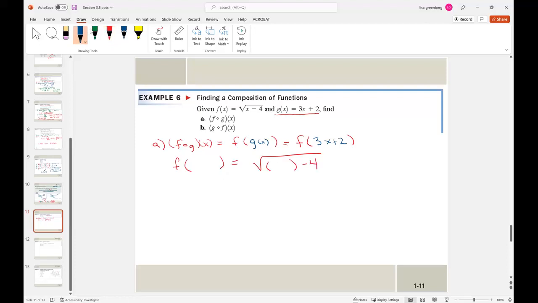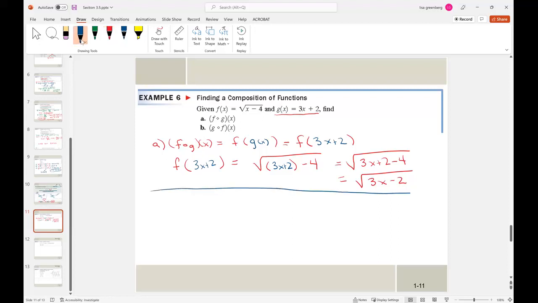And if I plug in 3x plus 2, I get the square root of 3x plus 2 minus 4, which is equal to the square root of 3x minus 2. So that's the answer to f composed with g of x.